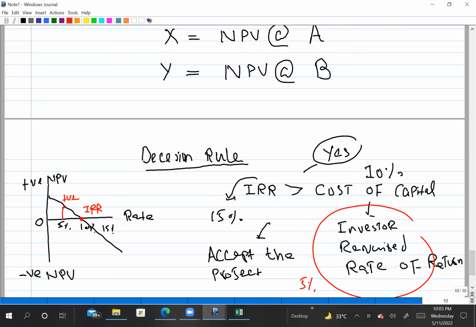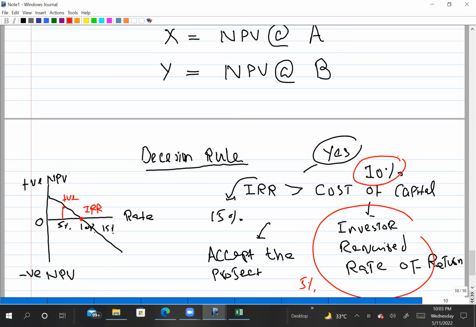So if the NPV is positive, we know that the project should be accepted. So this is the logic. Below the IRR, the NPV will always be positive. So that's why the project should be accepted.